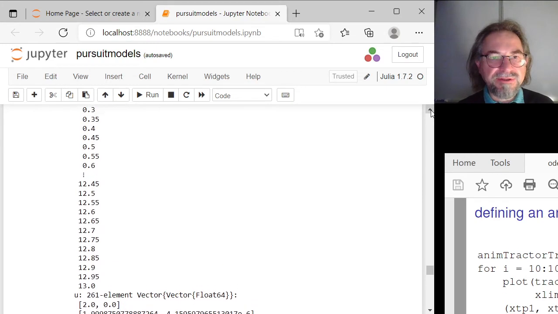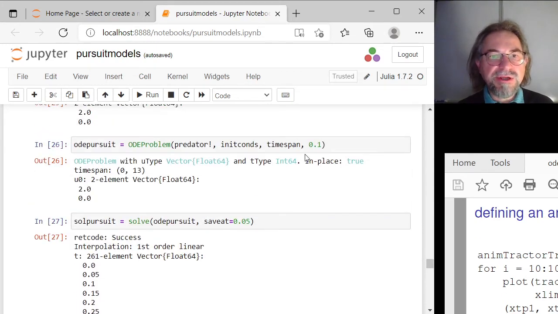For the acceleration, I forgot to mention this. Here this is the last parameter in the setting up of the ODE. The acceleration is 0.1. Notice that the speed is acceleration times time, and we start at time equals 0.